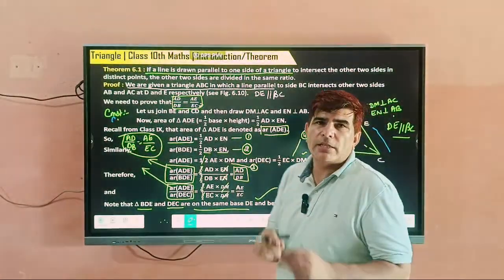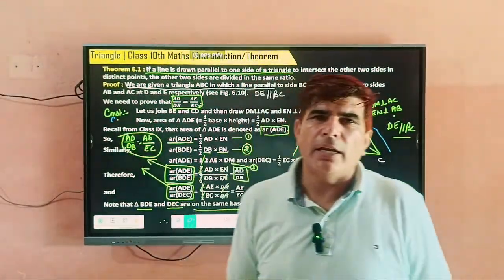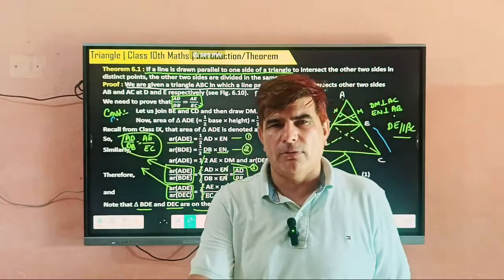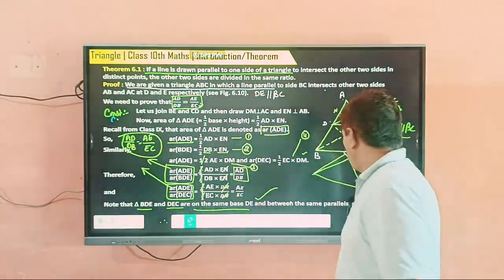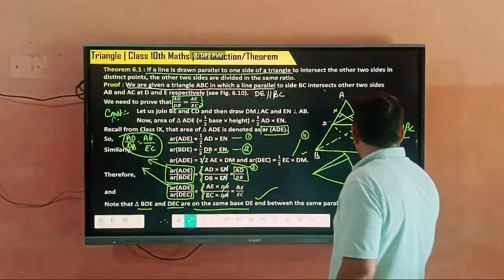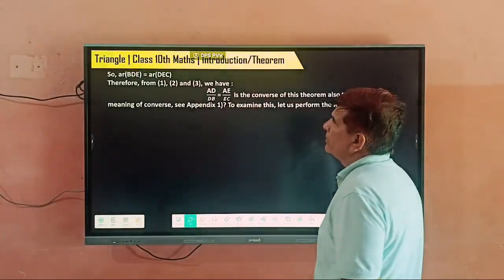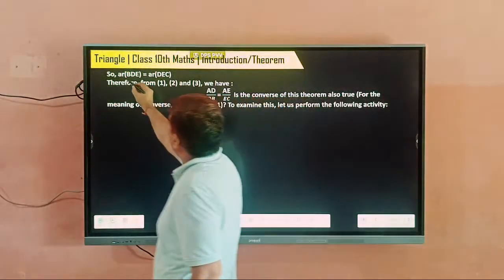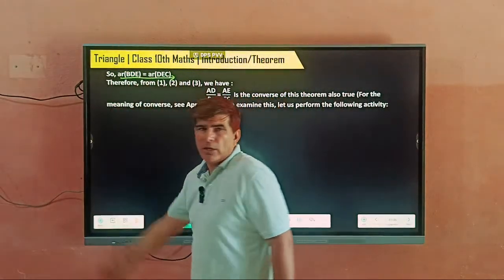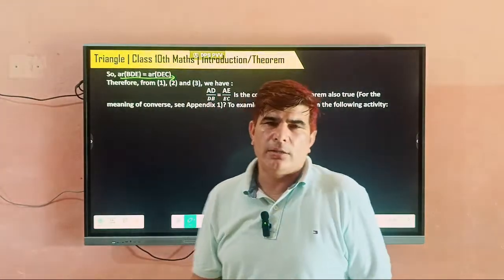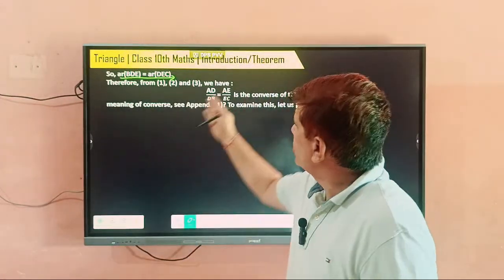If satisfying this condition, then the areas of both triangles are definitely equal. This is a theorem in 9th class. If you need, we will revise that also. So the areas of both triangles are equal. Numerator already equal, denominator equal by this theorem.